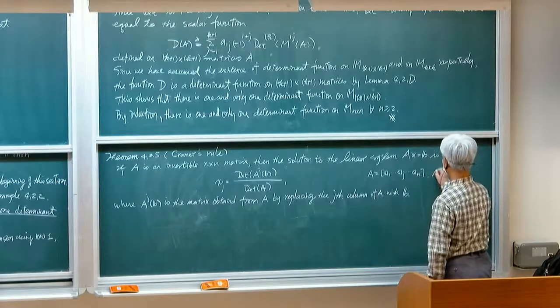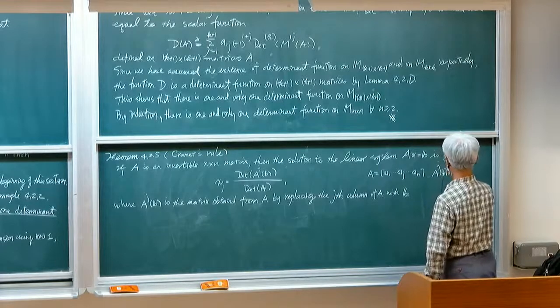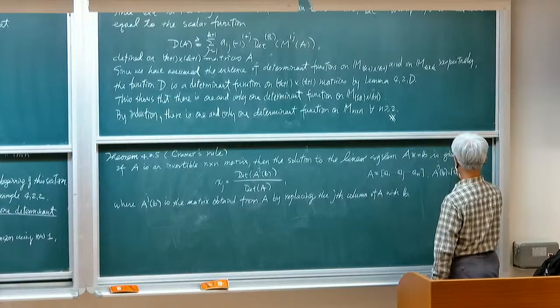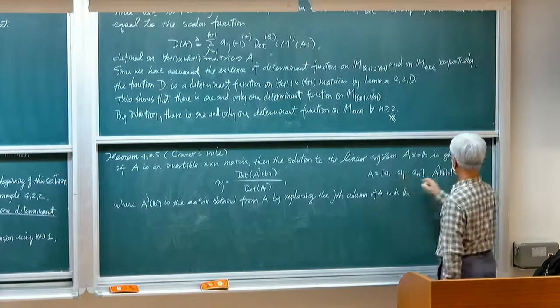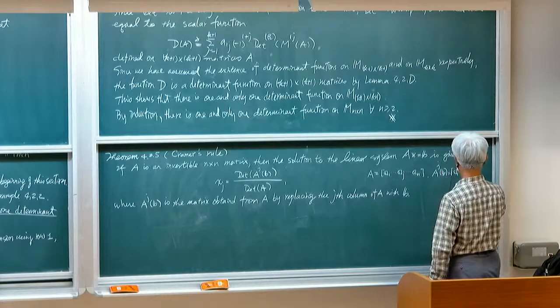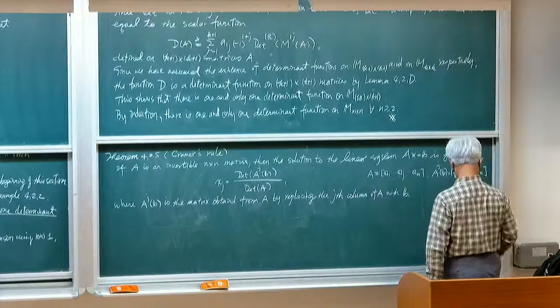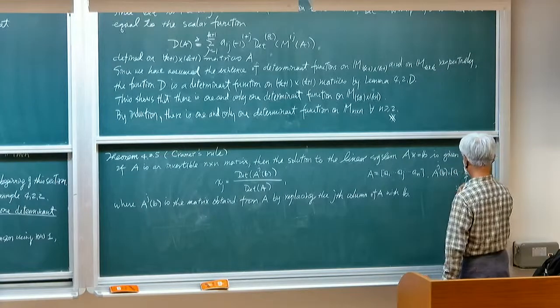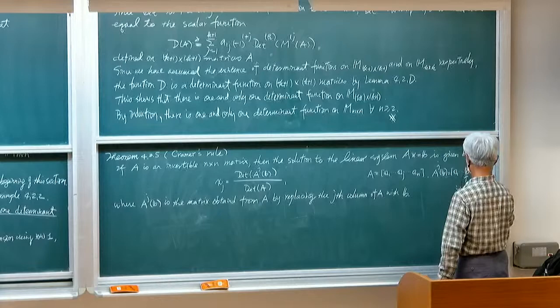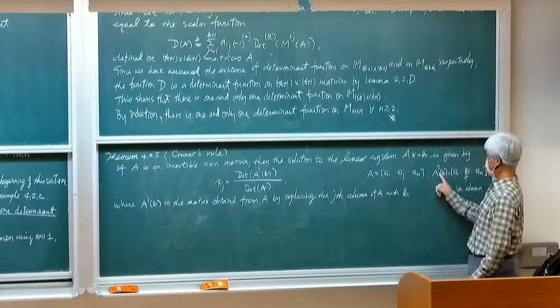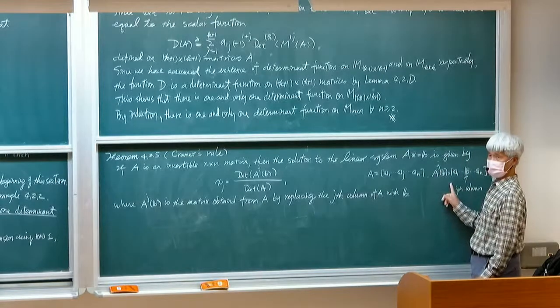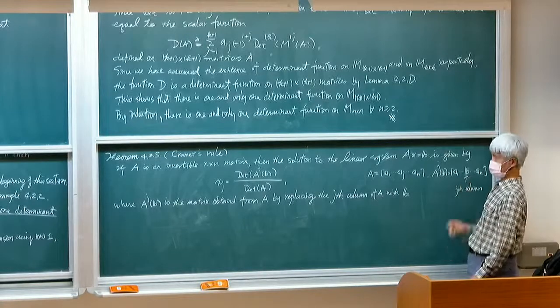So what is A sub j B? The jth column is replaced by B, and here is the jth column. So A sub j is this matrix.